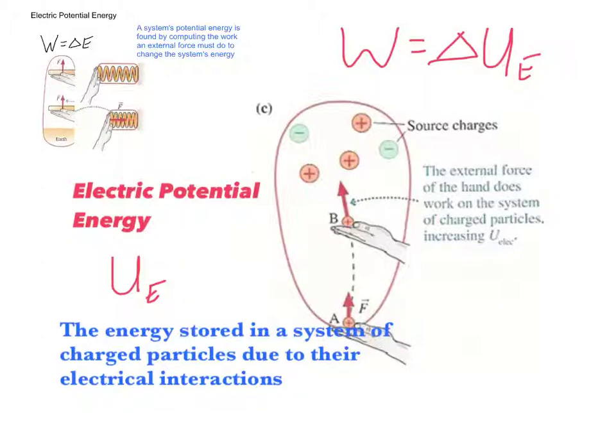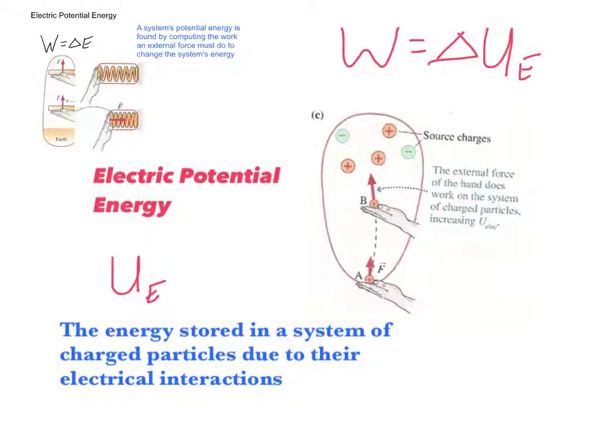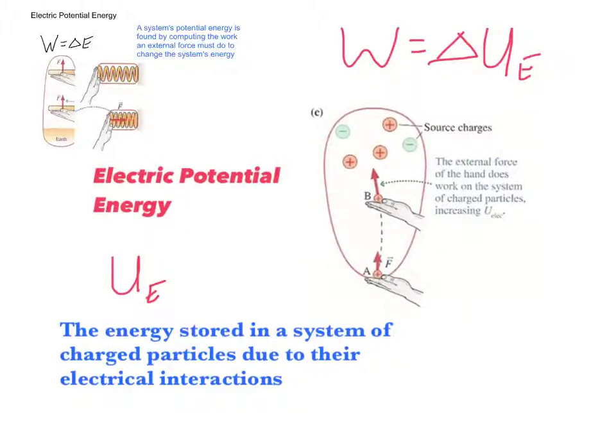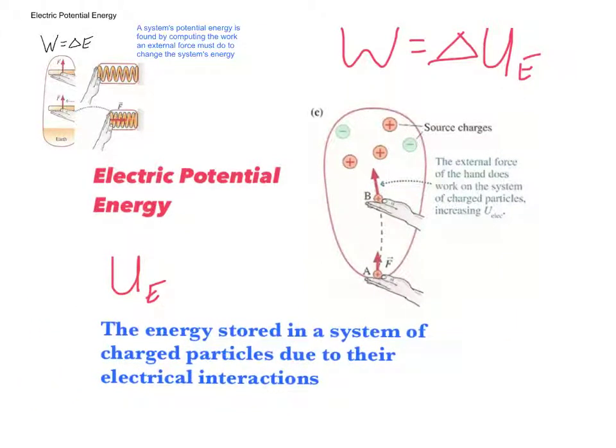And we define electric potential energy as the energy that's stored in a system of charged particles due to their electrical interactions. Now, like gravitational potential energy, we pick a reference point from which to measure electric potential energy. We will set the electric potential energy as 0 at that point and then find the electric potential energy when the movable charge is at another position by finding the work done to move it there.